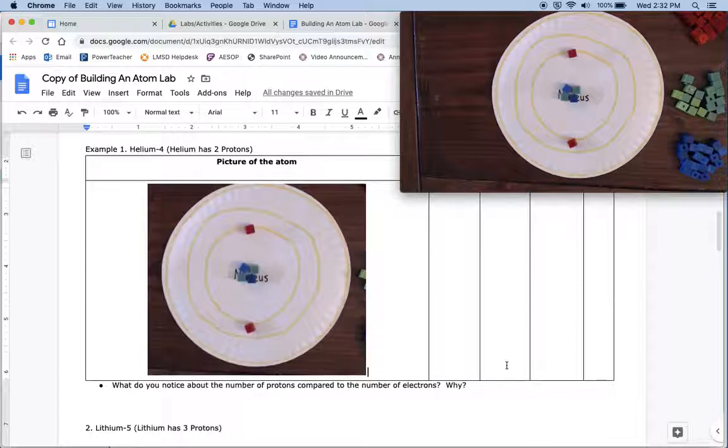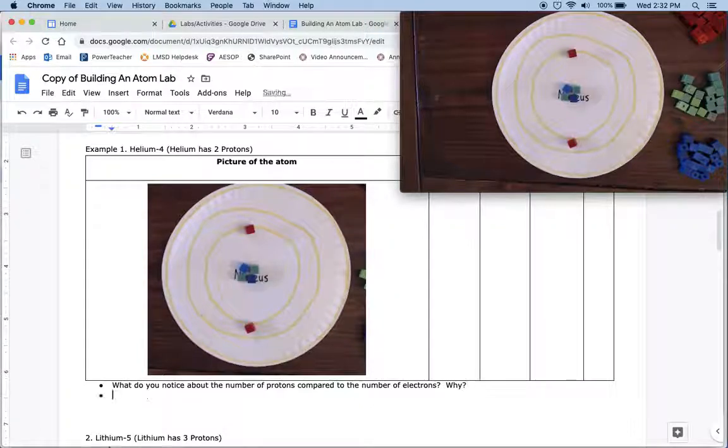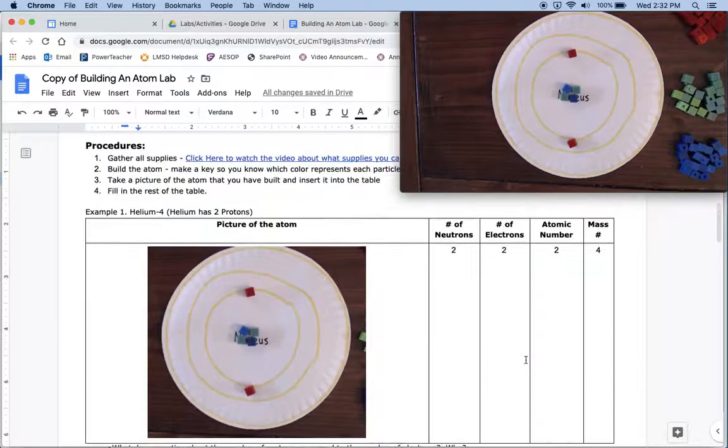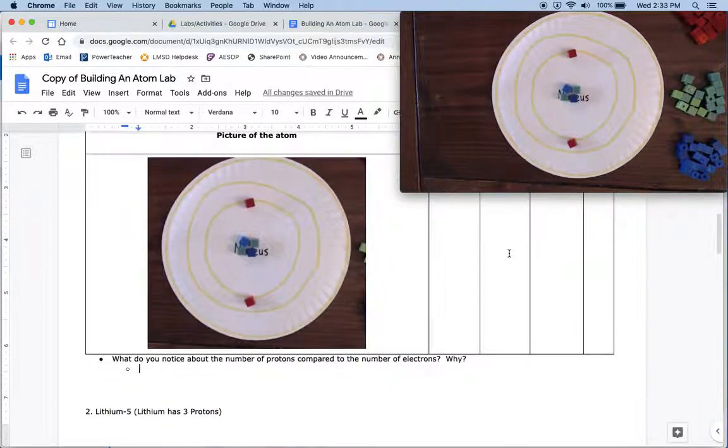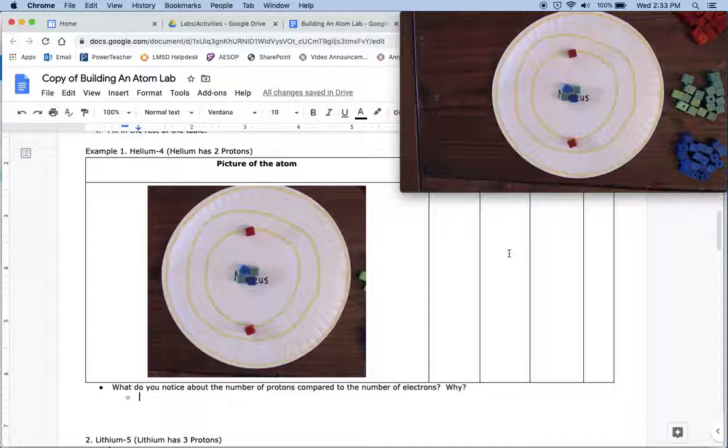All right. As I go through, I'm going to answer this question right here: what do you notice about the number of protons compared to the number of electrons? I want you to answer that. Basically the idea is that the number of protons, 2 protons, and the number of electrons are always equal. Why?